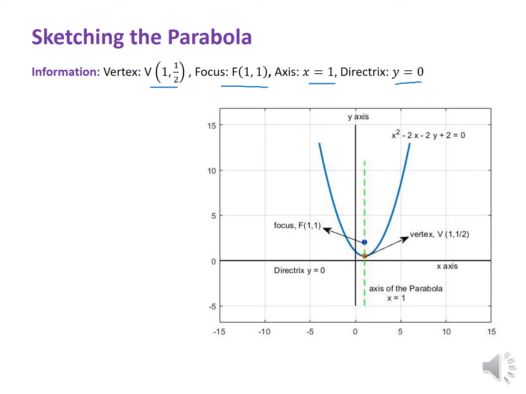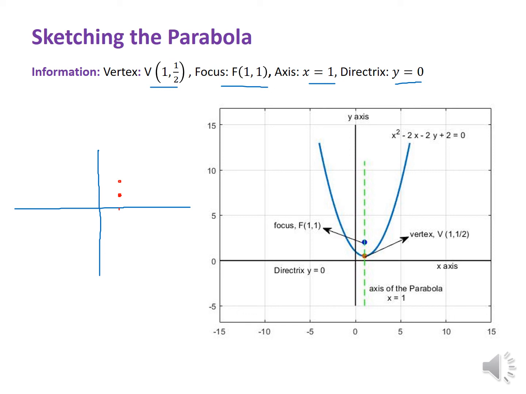So to sketch the parabola, first the y-axis and then the x-axis. So first, the vertex is what? (1, 1/2). So say this is the position for the vertex, and then we have the focus (1, 1).